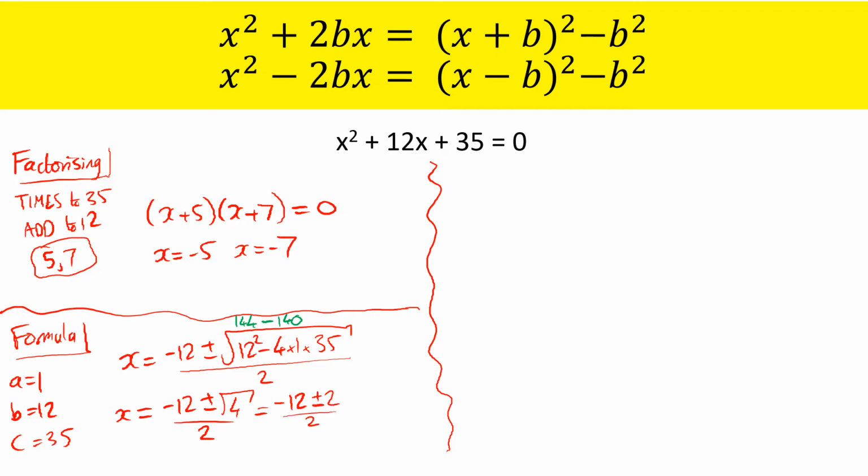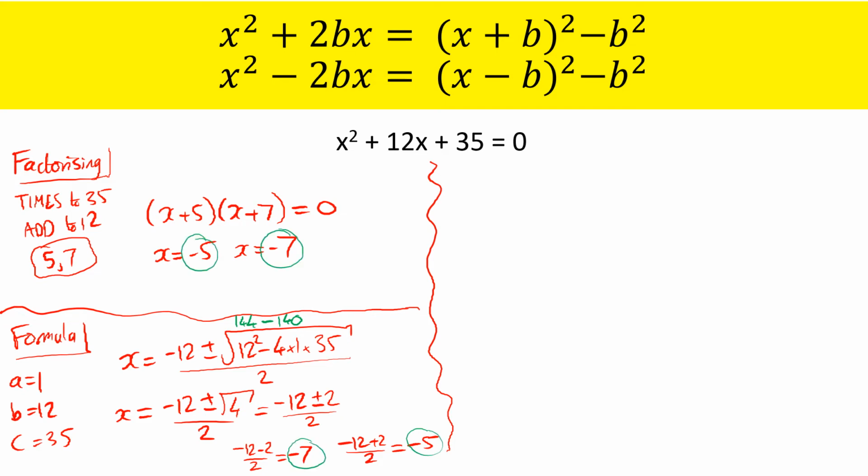And then if we think about this, we've got one case with the plus sign. So we could have, as one answer, minus 12 minus 2 over 2, which ends up being minus 7. Or we'll have minus 12 plus 2 over 2, which ends up being minus 5. So we do actually get to the same answers, which is useful.